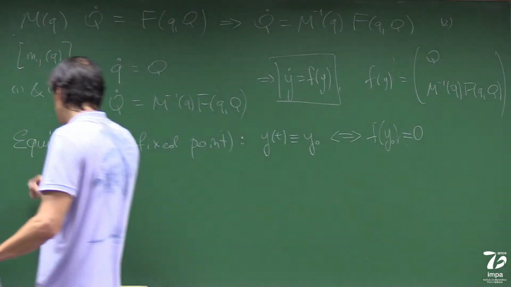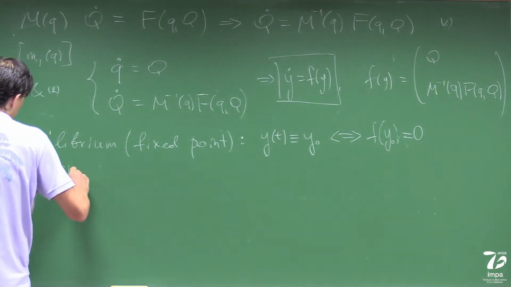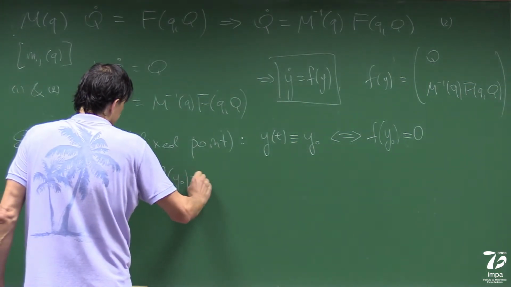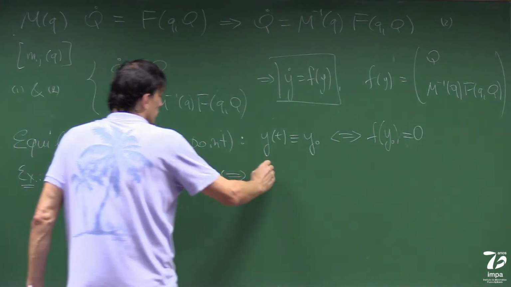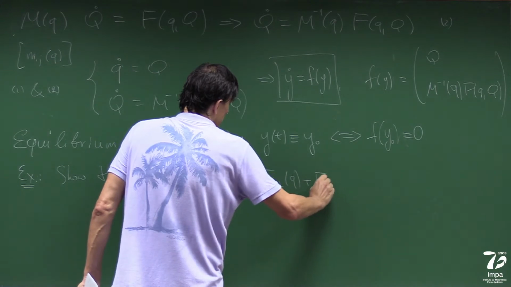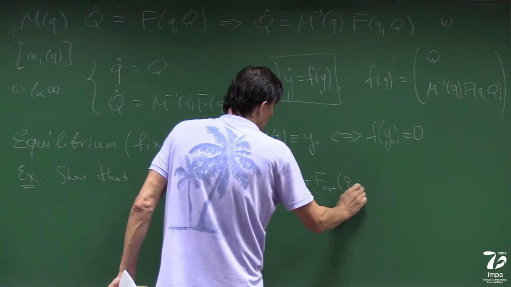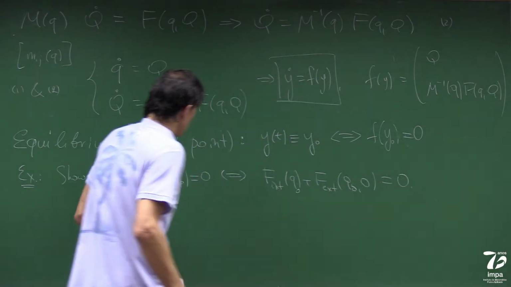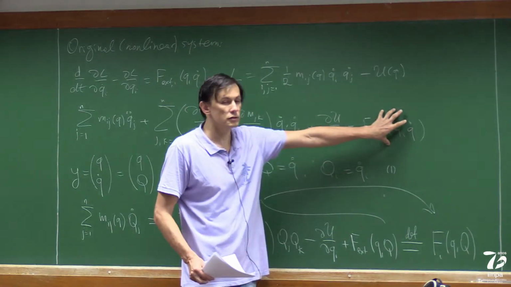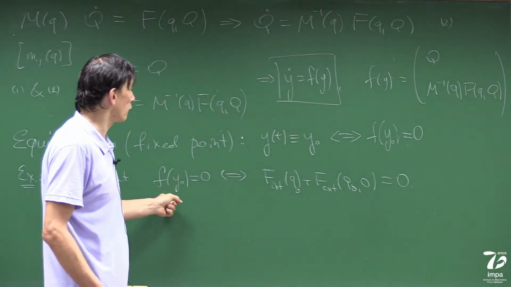So what you can do is a very simple exercise to show that this condition is equivalent to the condition that internal force plus external force is 0. So remember, for this system, the equilibrium condition is that internal force plus external force is 0. For this system, the equilibrium condition is f of y is 0.